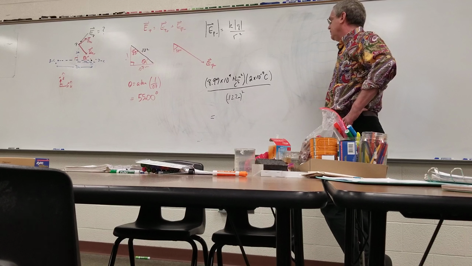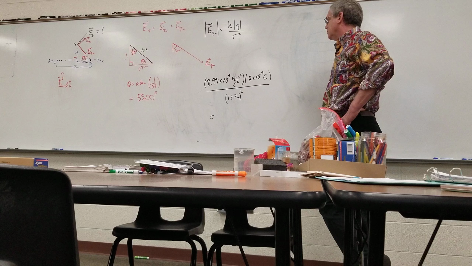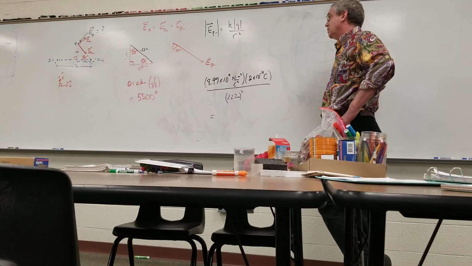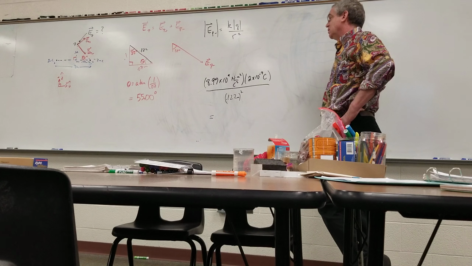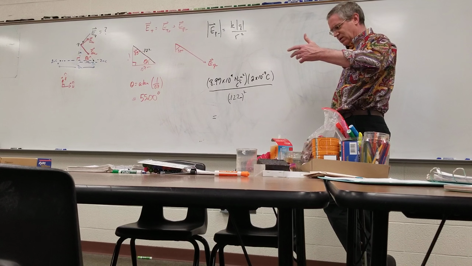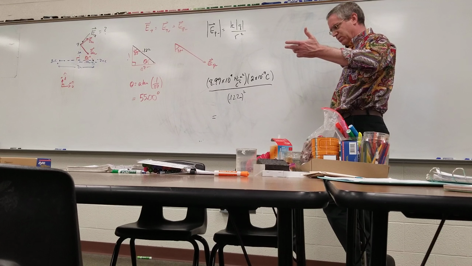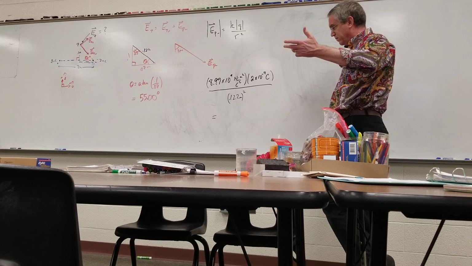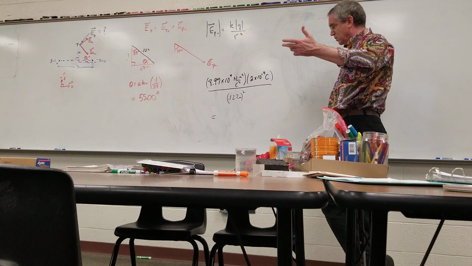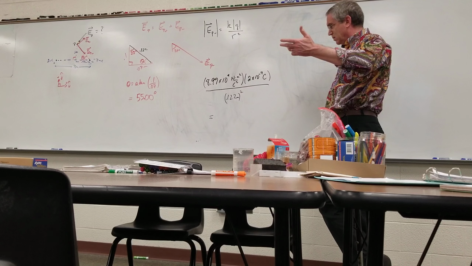So 18 divided by 64, so 18 divided by 18, so. Oh, wait, no. Somewhere around 900.